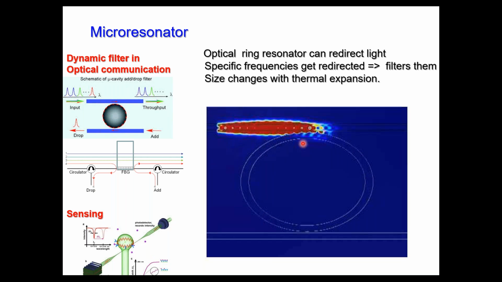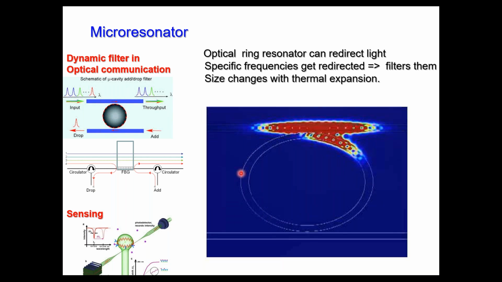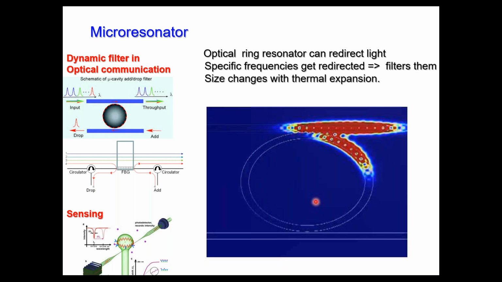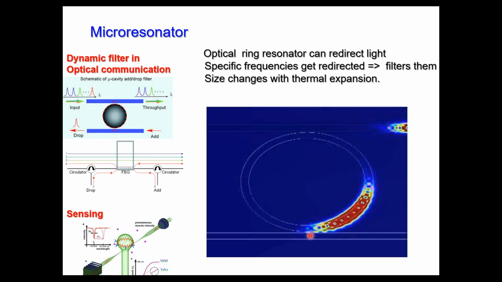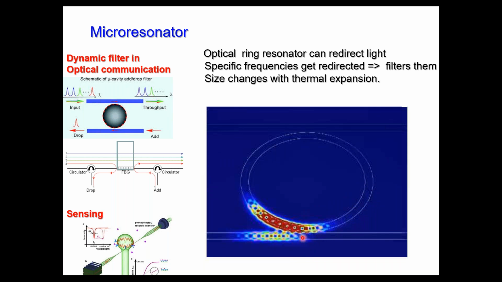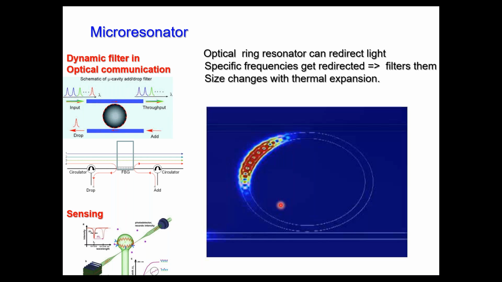So depending on the conditions, you can couple certain frequency into the sphere, and also you can remove that by adjusting the coupling conditions over here. So in the same manner, you will be able to add new channel from here. So this is very well possible with this kind of micro resonator.